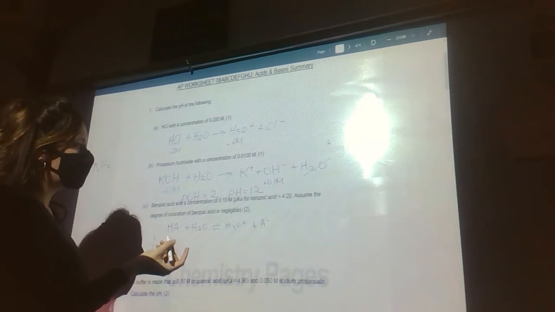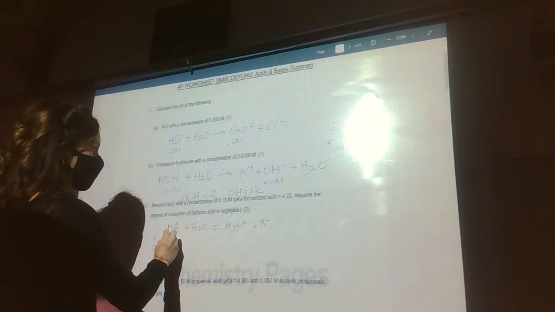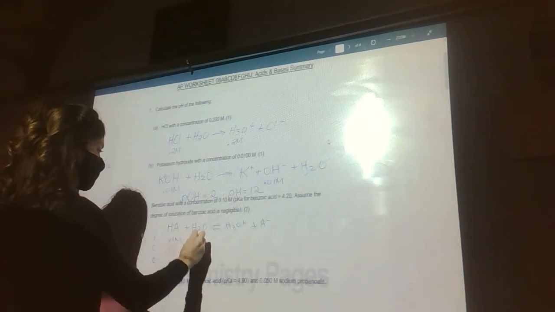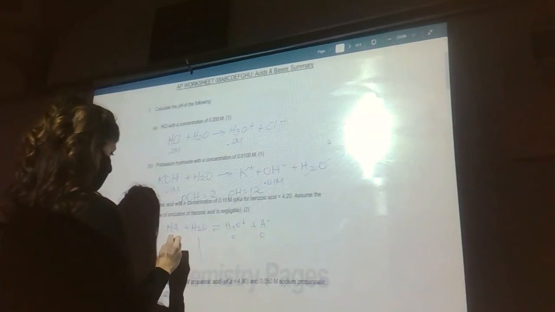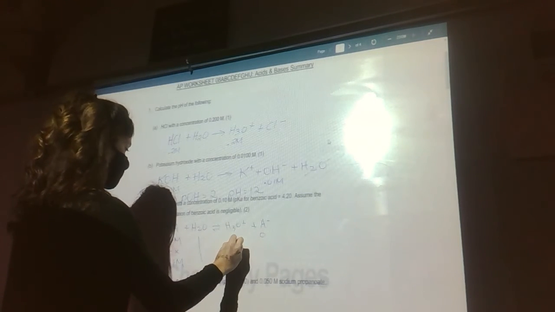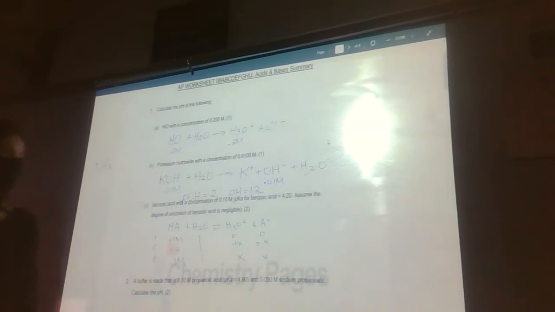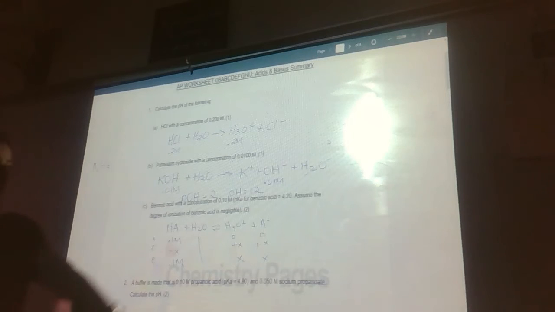Oh, they tell you that the pKa is 4.2, which is going to help you, but 0.1 molar. Use the pKa to find the Ka, find X, take the negative log.